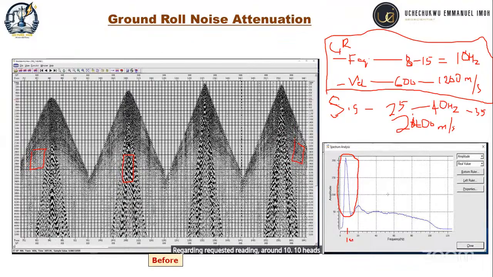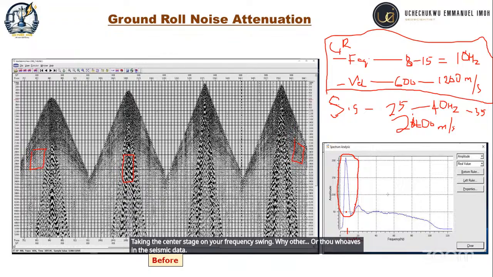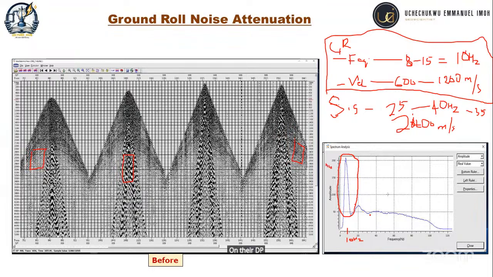So that's your ground roll noise, standing firm in your frequency spectrum, taking the center stage, while other waves in the seismic data have amplitude of about 50 dB, and this one about 200 dB. So you can see the ground roll noise amplitude is very, very high.